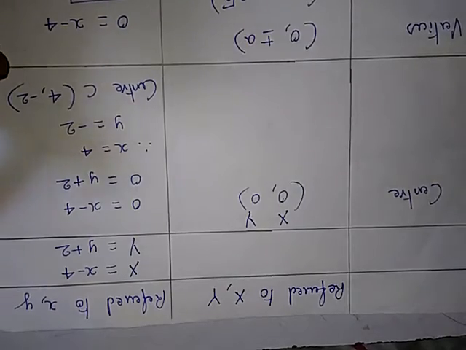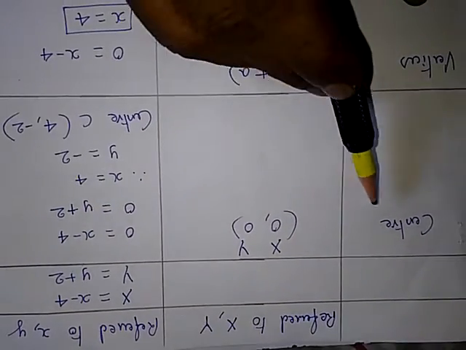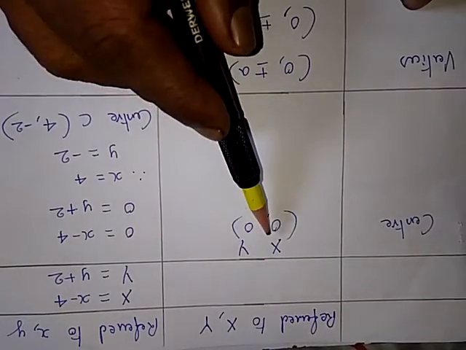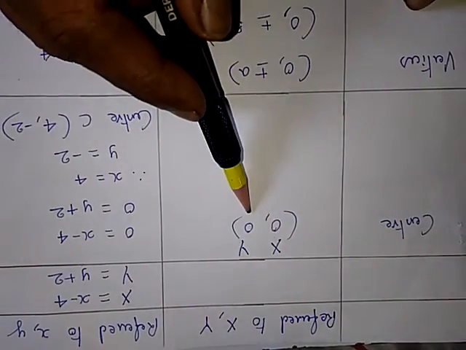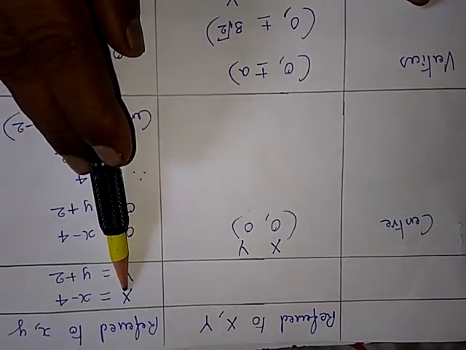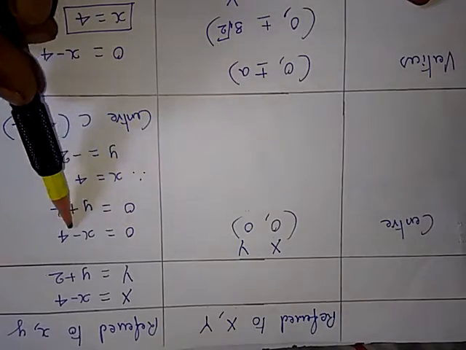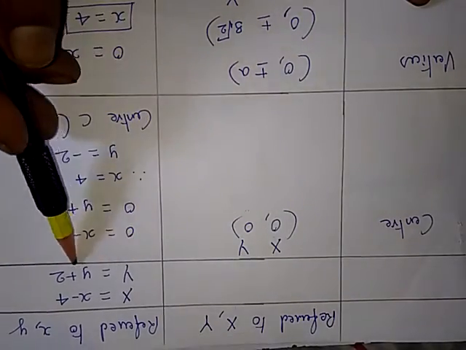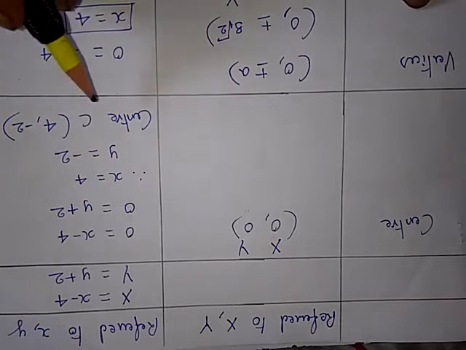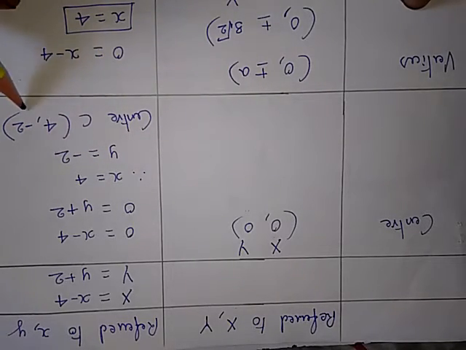Now first center. Center is here 0, 0. So capital X value 0, capital Y equal to 0. So now you substitute. For capital X you substitute 0, x minus 4, for capital Y 0, y plus 2. So x is equal to 4, y is equal to minus 2. Therefore center is equal to 4, minus 2.